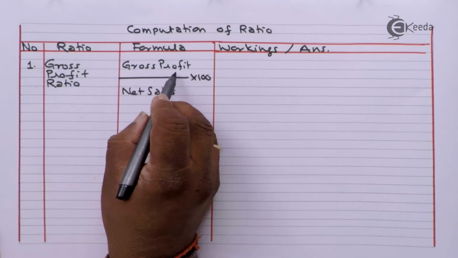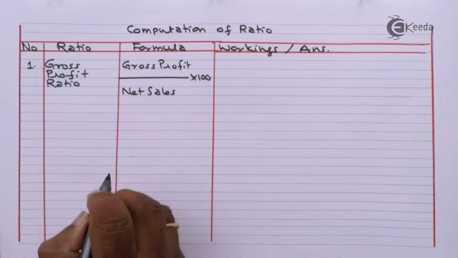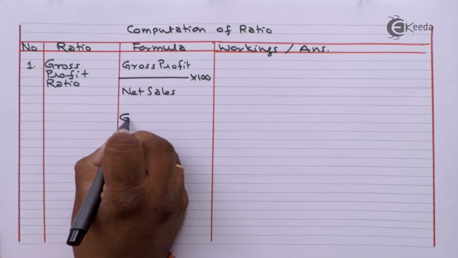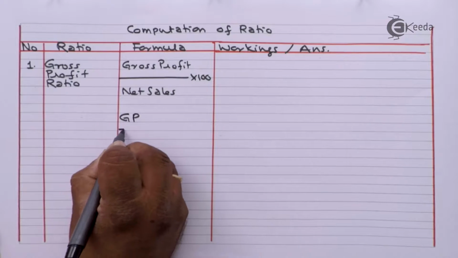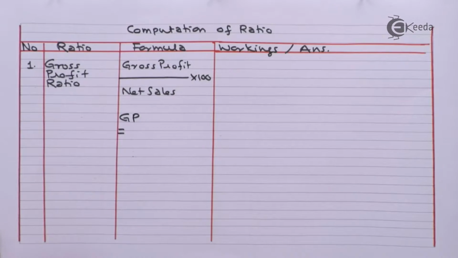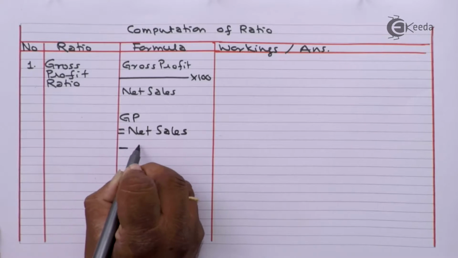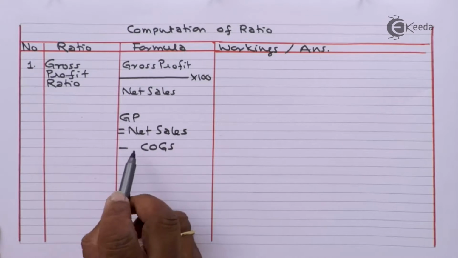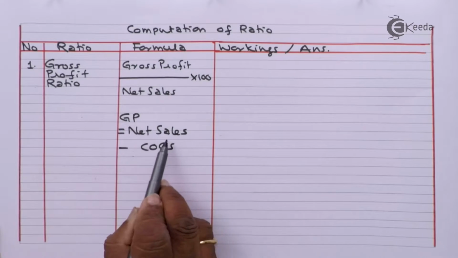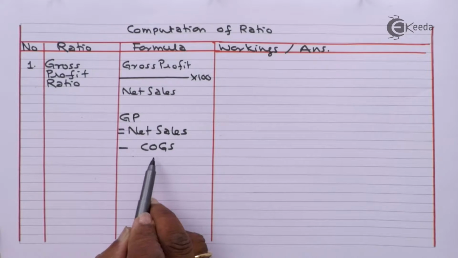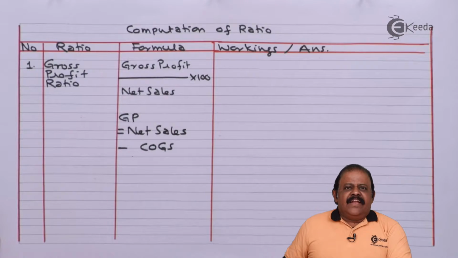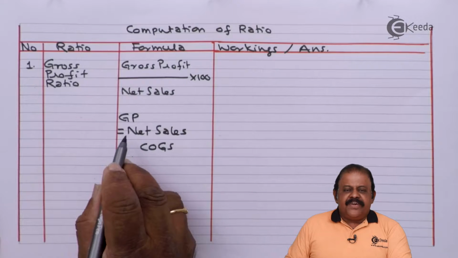To calculate gross profit or gross margin, we are required to deduct cost of goods sold from net sales. Gross profit is equal to net sales minus cost of goods sold. Let us calculate gross profit first.